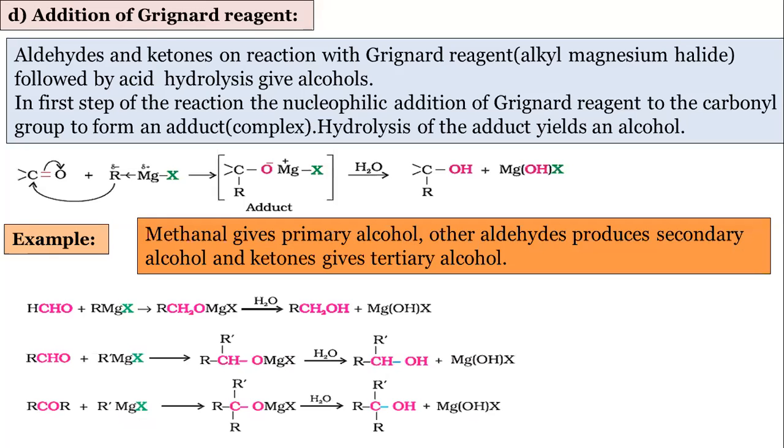So this is RMgX. This R has delta minus charge, X also has delta minus, and this Mg has 2 delta plus. So this R group attacks this carbonyl carbon. See, the arrows are also shown here. This reaction is very, very important. In carboxylic acids also, the methods of preparation of carboxylic acids by using dry ice.